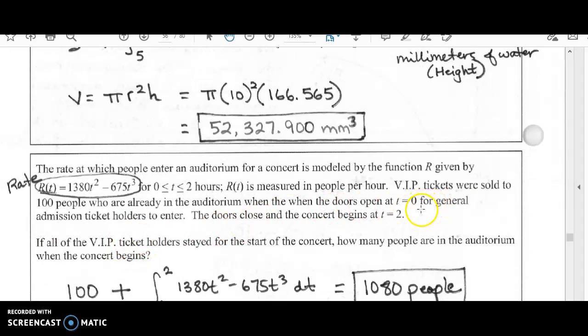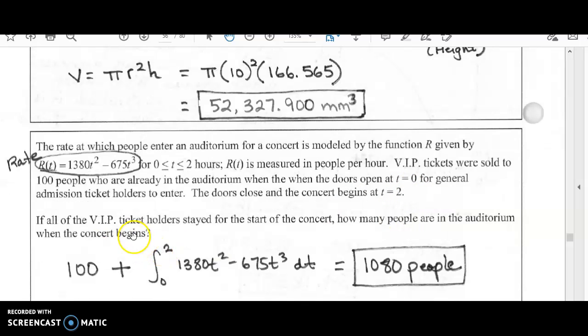And then we want to figure out this question, and I can already tell what the question is based off the answer. If all of the VIP ticket holders stayed for the start of the concert, how many people are in the auditorium when the concert begins after 2 hours? So since we start with 100, it makes sense to say 100 plus the integral from 0 to 2 of the rate equation. And you could just write R of t dt instead of rewriting this equation.